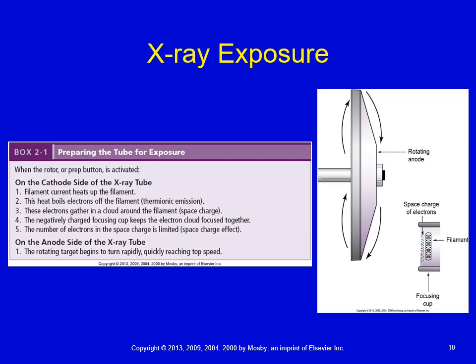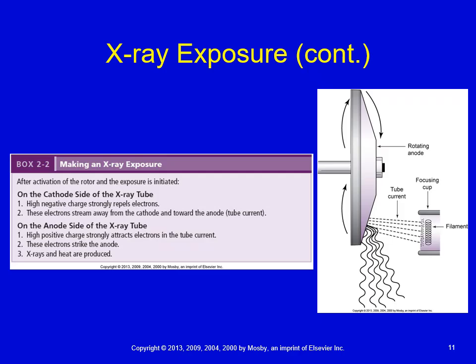Since they're surrounded by the negative focusing cup of the cathode, that cup pushes them back together so they're not allowed to spread out. Now, the number of electrons accumulated in the cloud is limited by what we call the space charge effect. So I do want you to do a little bit of research on what the space charge effect is. Basically, there's only a certain number of electrons that are going to be boiled off and sitting right there and available for the patient's exam or X-ray.